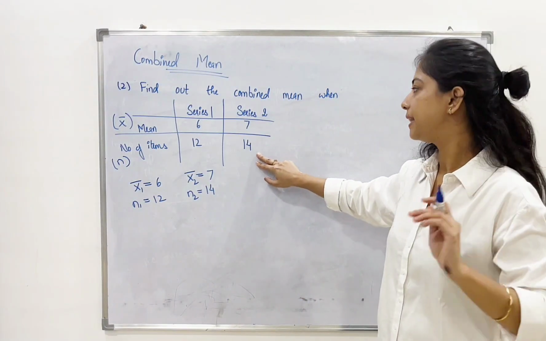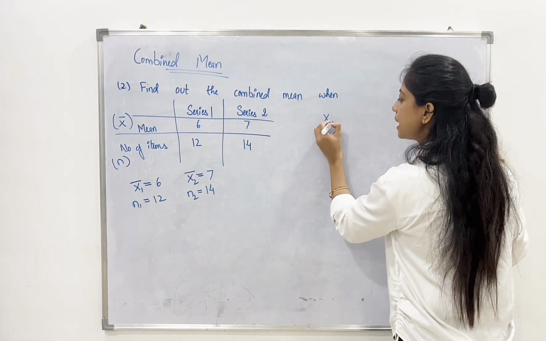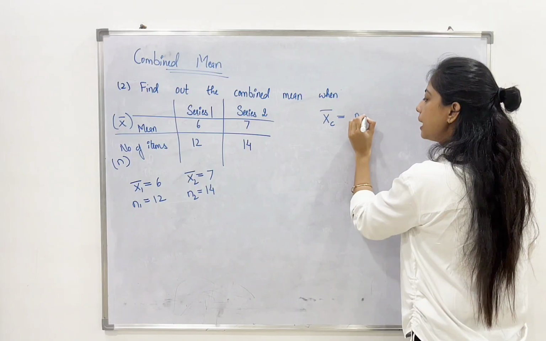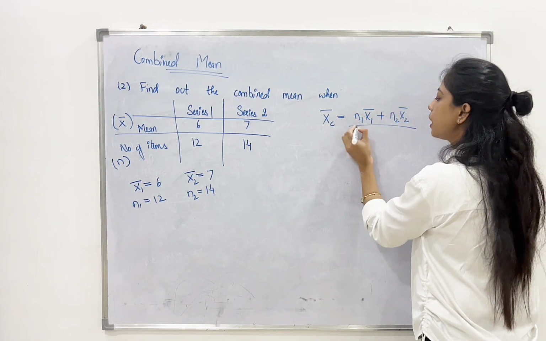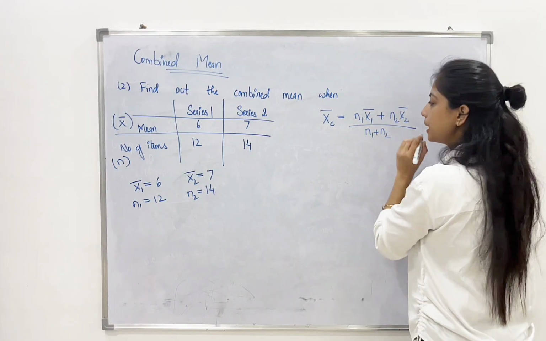Now let's apply the combined mean formula, which is x bar c is equal to n1 x1 bar plus n2 x2 bar upon n1 plus n2.